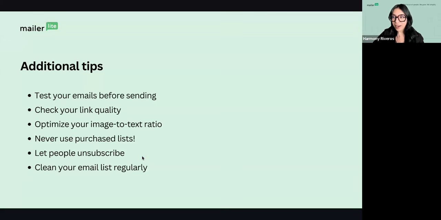Letting people unsubscribe. This is a big one. Not only legally is it important to let people unsubscribe, it is not possible to send newsletters in MailerLite without an unsubscribe link. I think there might be some ideas that if the unsubscribe link is hidden or hard to find or in a different color, then that'll deter people.